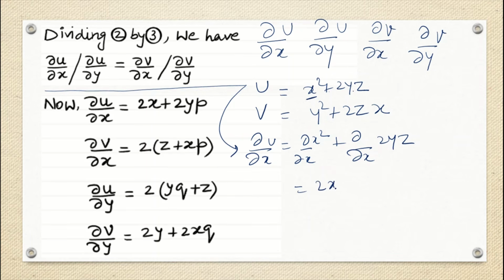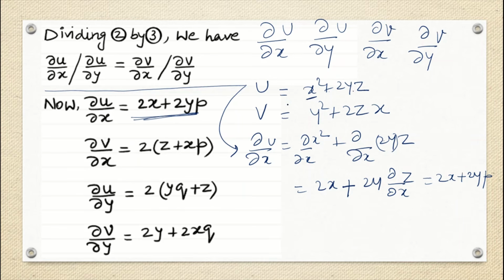That means 2 into x, plus 2y is constant with respect to x, so it will be del by del x of z. So this is nothing but 2x plus 2y and then p. So 2x plus 2yp.